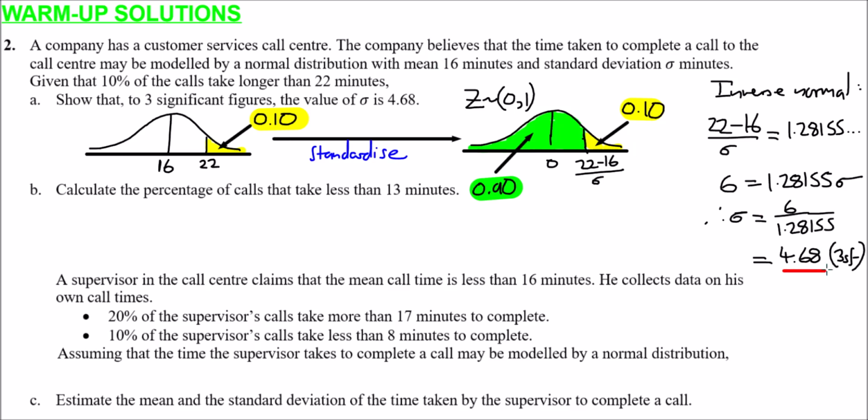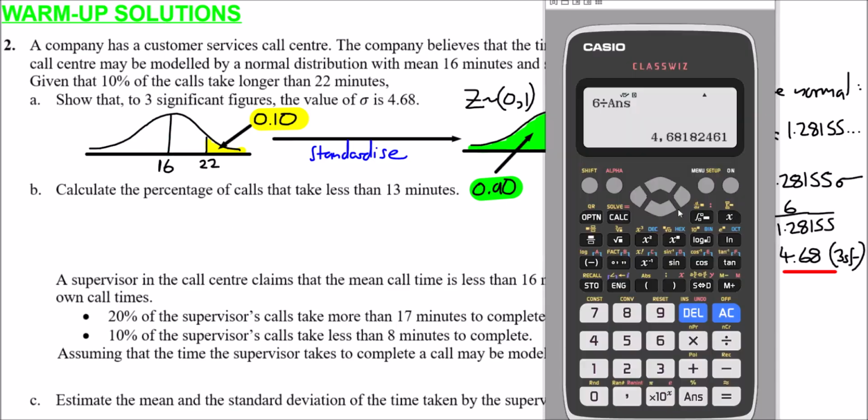So for part B, now we know the standard deviation, we can now calculate the percentage of calls that take less than 13 minutes. So we know sigma now, so we can either use a standard curve or we can go back to the original without it being standardized. I'm going to show you how to do it without it being standardized. So this here is the standard deviation.